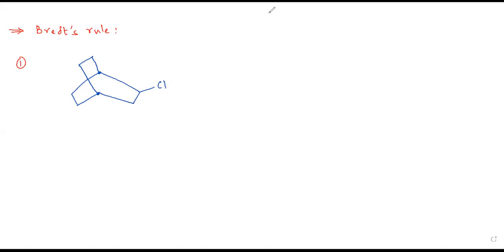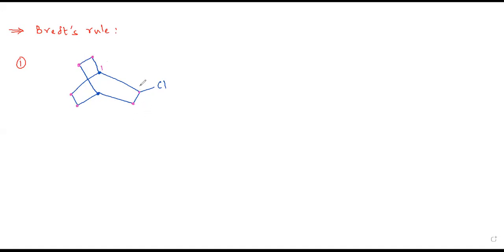Now let us give a name to this compound. Numbering begins at one of the bridgehead atoms. Go via the longest bridge first. Of course, here in all the bridges you have 2, 2, 2.